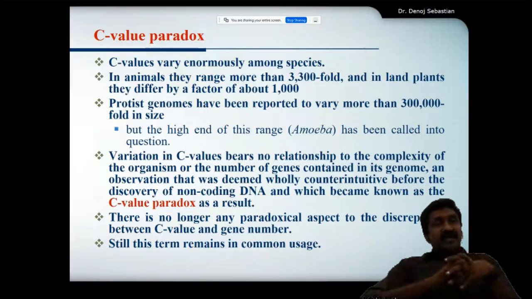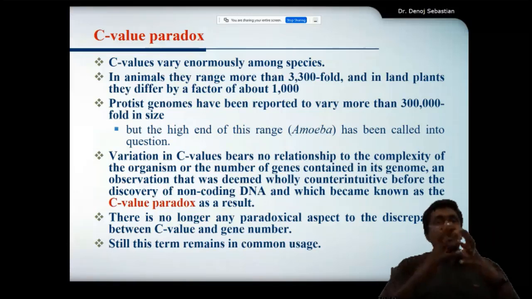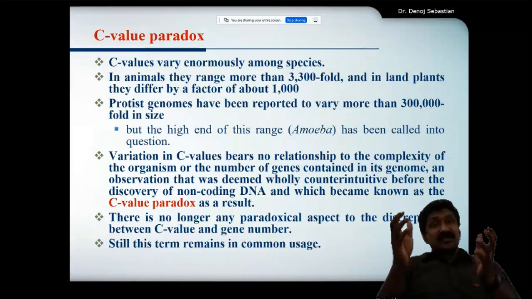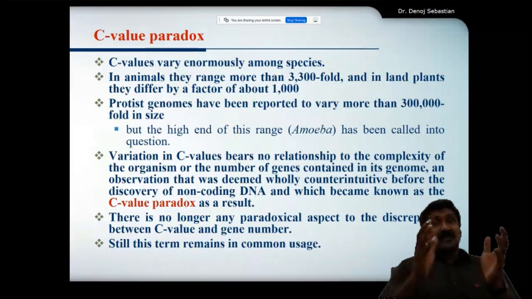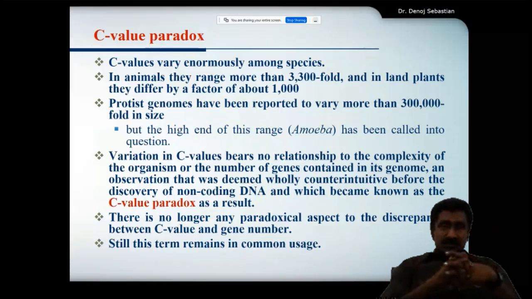In humans, only about 1 or 2% of the entire genome, or the 3 billion bases, corresponds to coding regions, which call for the 25,000 to 30,000 genes identified. The remaining 98% is non-coding regions, repeated regions or various other control elements, which do not contribute to a specific gene function.